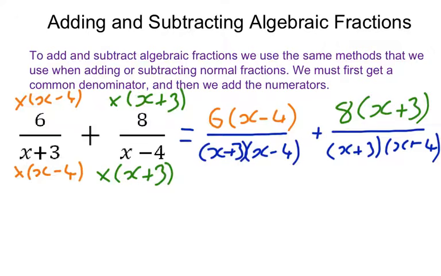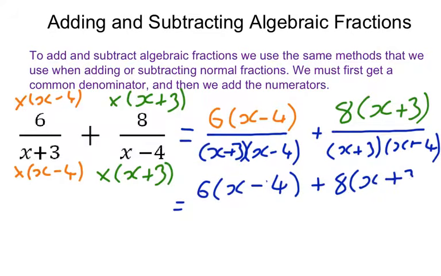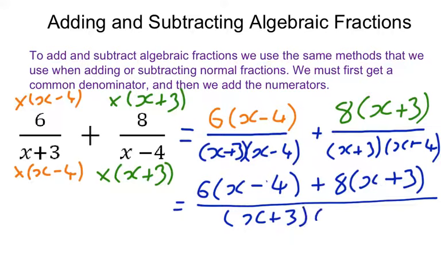Now we can combine these and we get 6 times x minus 4, plus 8 times x plus 3, all over x plus 3, x minus 4.